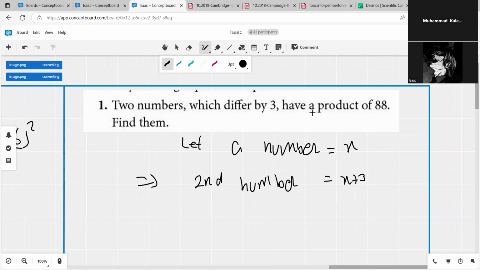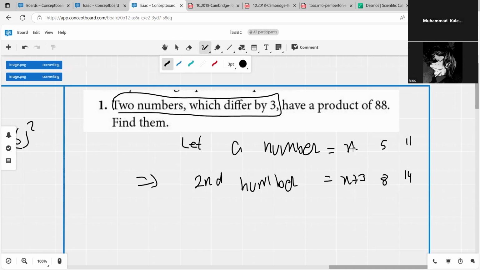If this is 5, this is 8, differing by 3. If this is 11, this is 14. Just add 3 to it, so both numbers will differ by 3. That's the first condition.